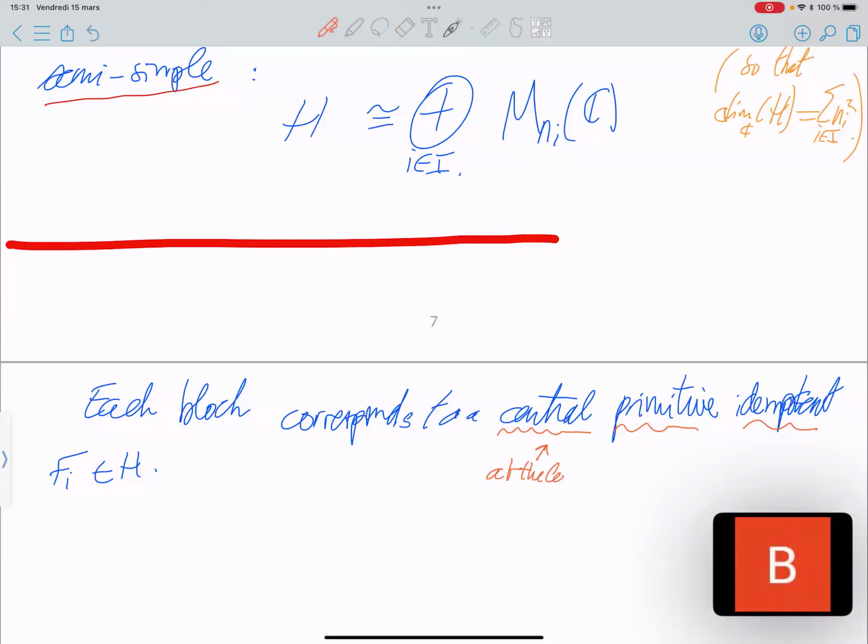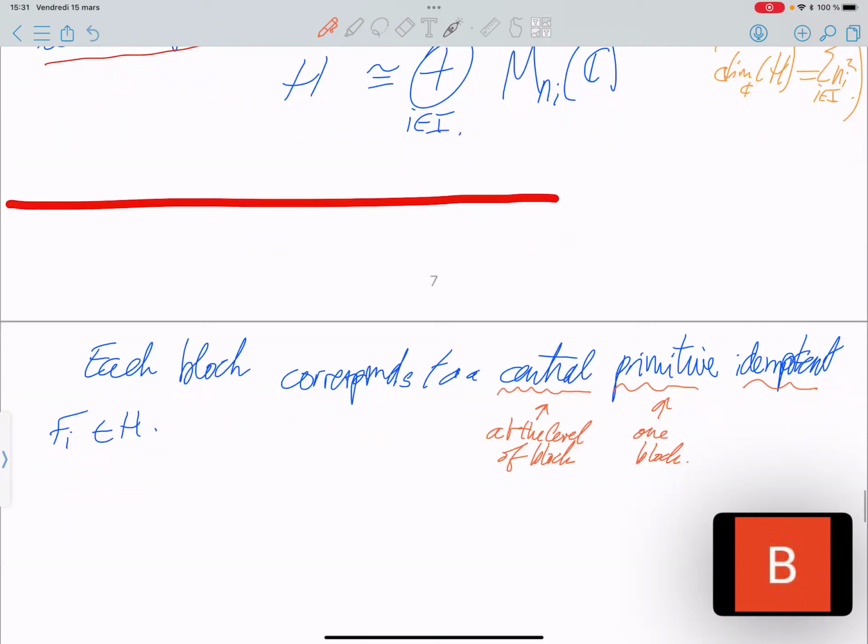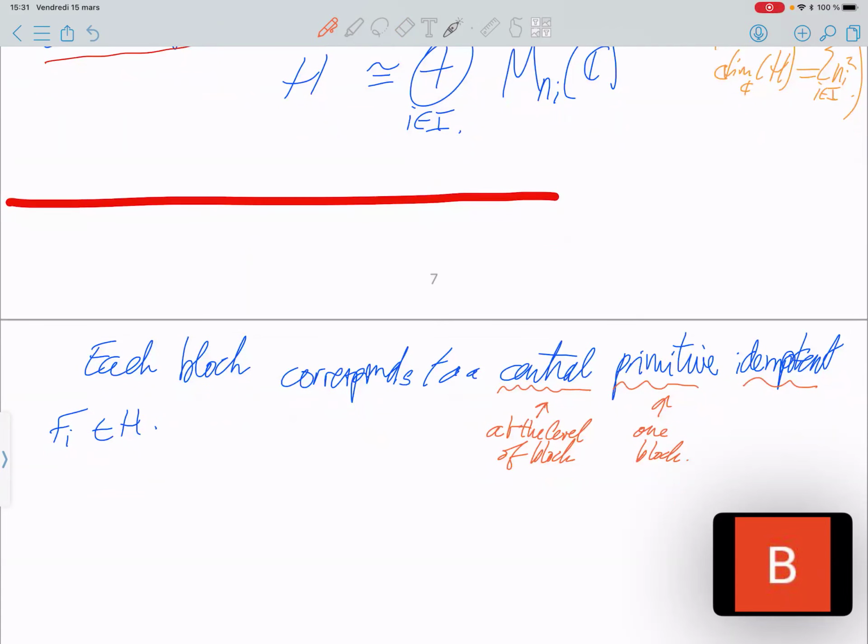At the level of blocks, primitive means one block. In fact, if you have just primitive but not central, if it is not semi-simple, you have the notion of indecomposable.